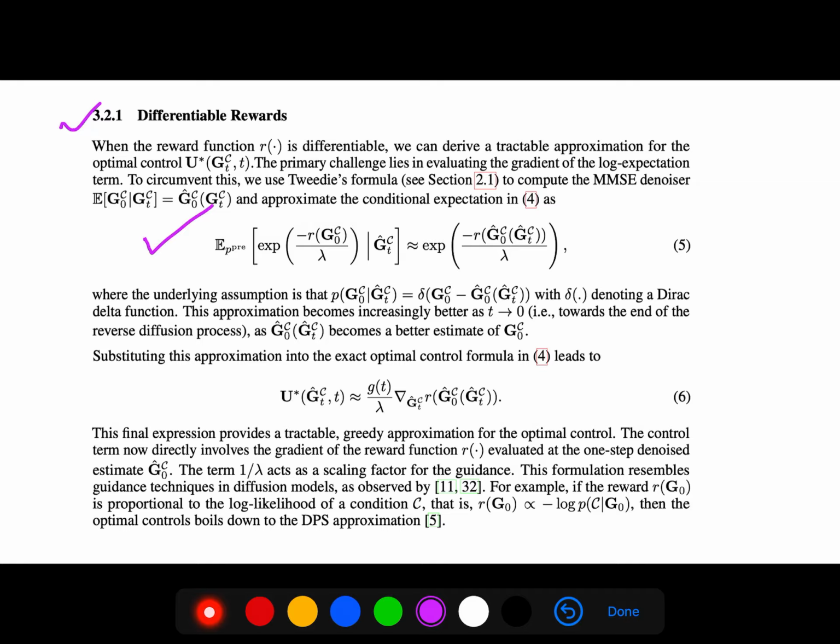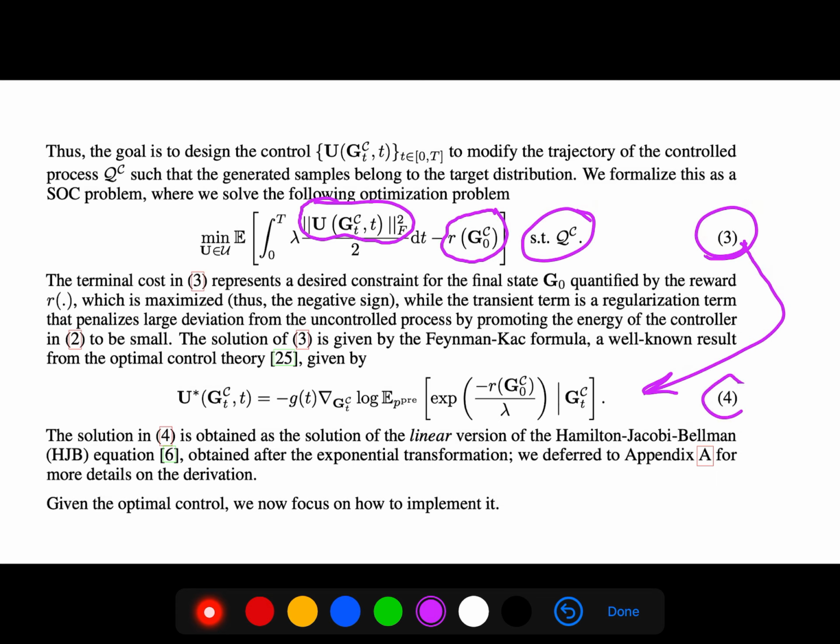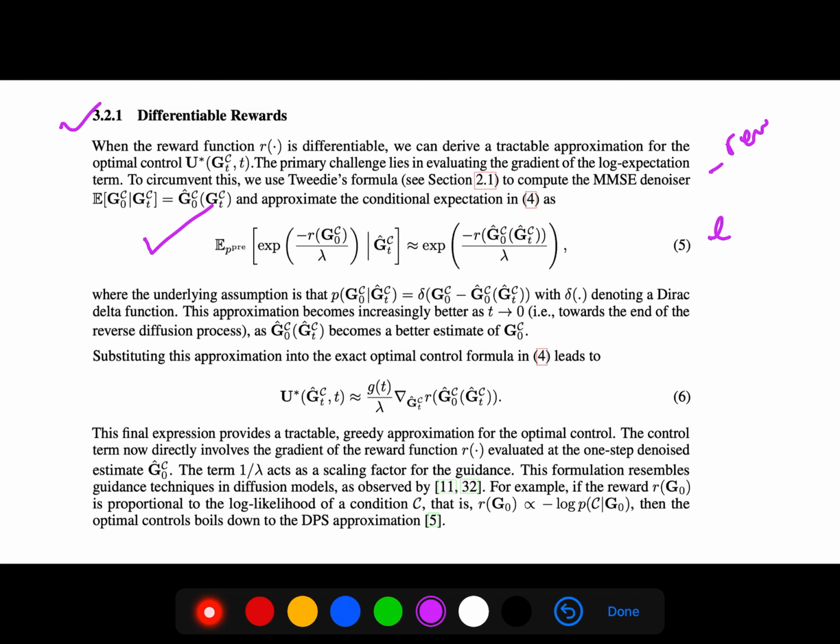It's like e to the minus reward. And if we substitute into equation 4, it leads to this U star. So this final expression provides a tractable, greedy approximation for the optimal control. And the control term now directly involves the gradient of the reward function.